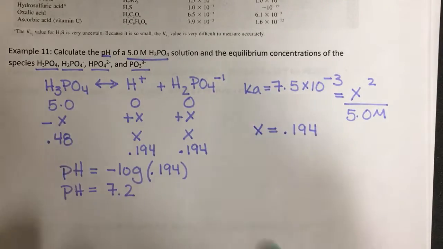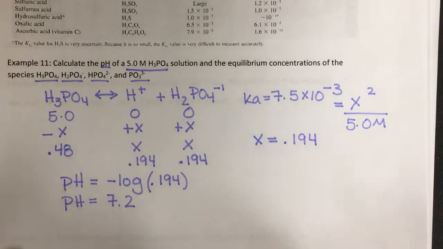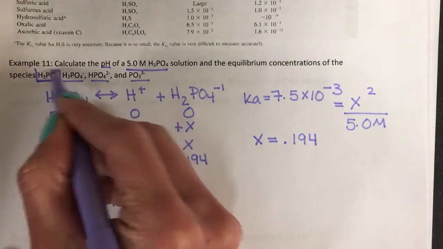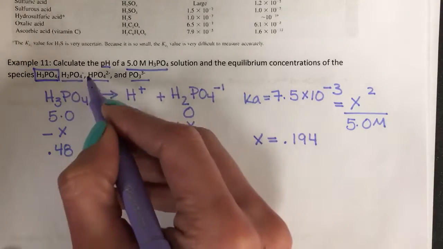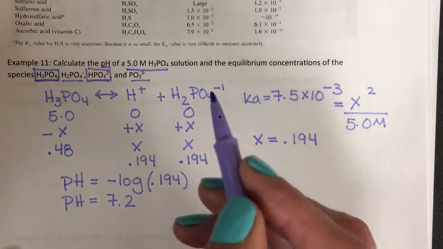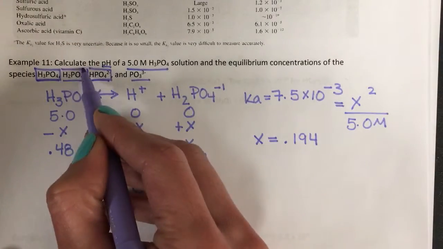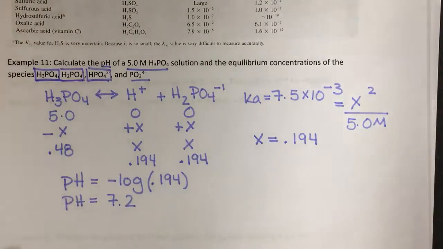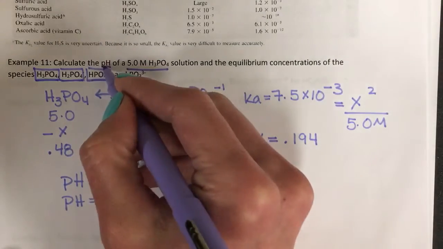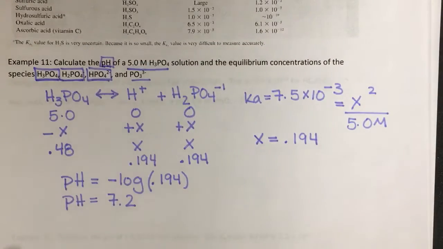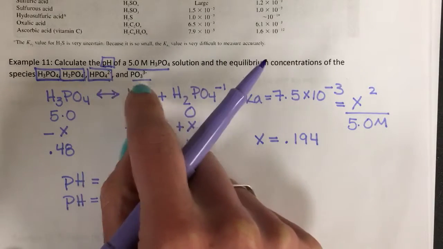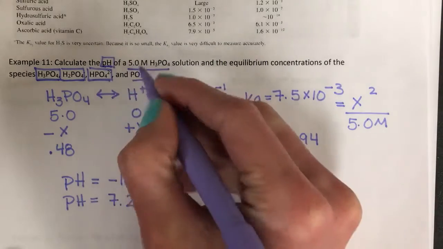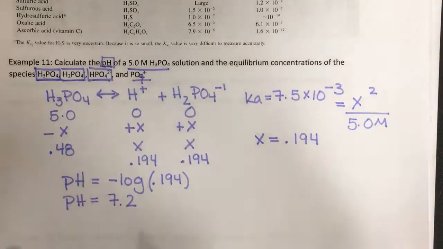Okay, so that gave me my concentration at equilibrium of H3PO4, and it gave me my concentration, oops, sorry, not that one, this one, H2PO4. It also gave me my pH, but I still need the concentration of HPO4 2- and PO4 3-.